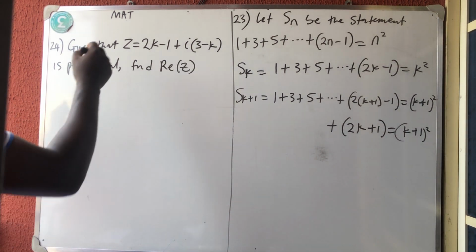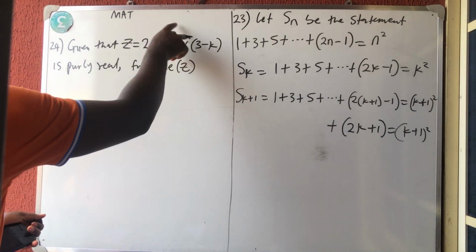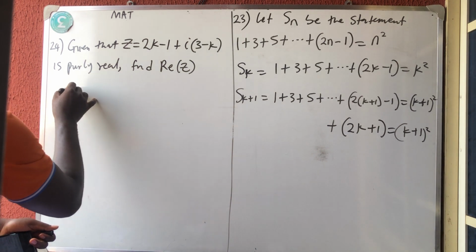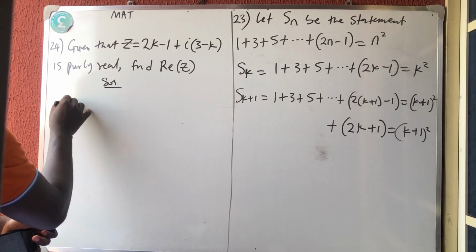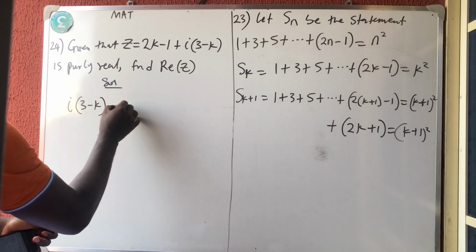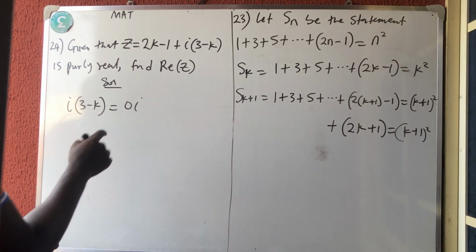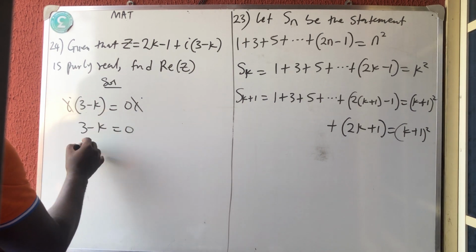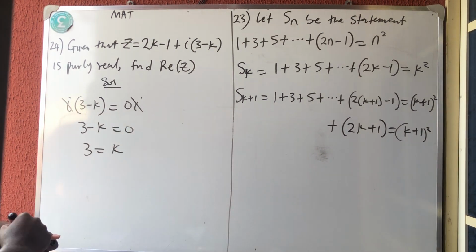Okay, so if this thing is purely real, it means that everything here should be 0. So it means that i into 3 minus k should be equal to 0i. Okay, so I will take care of i, which means 3 minus k is equal to 0. So therefore 3 is equal to k. So I've gotten my k.